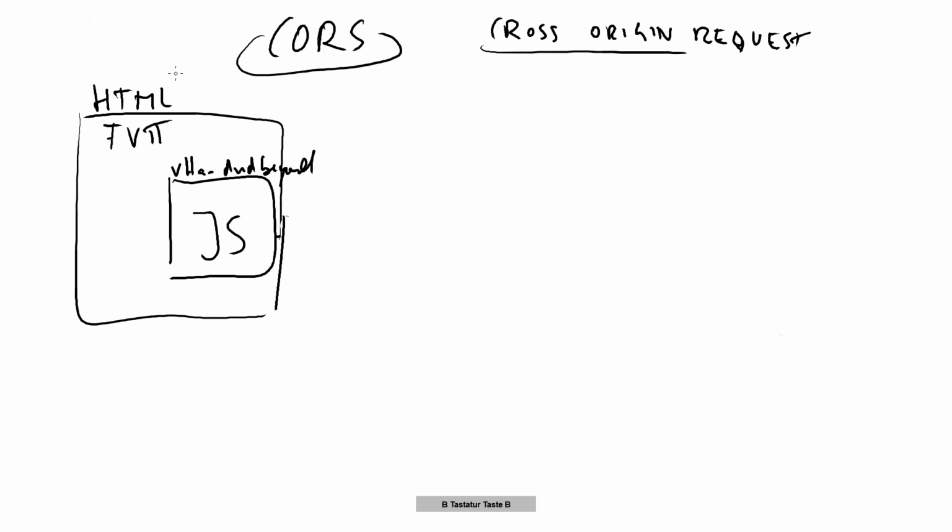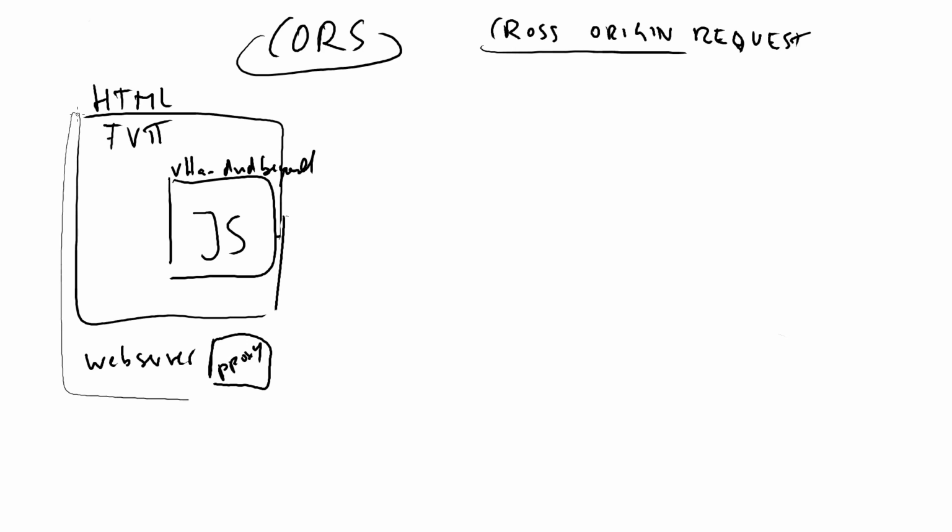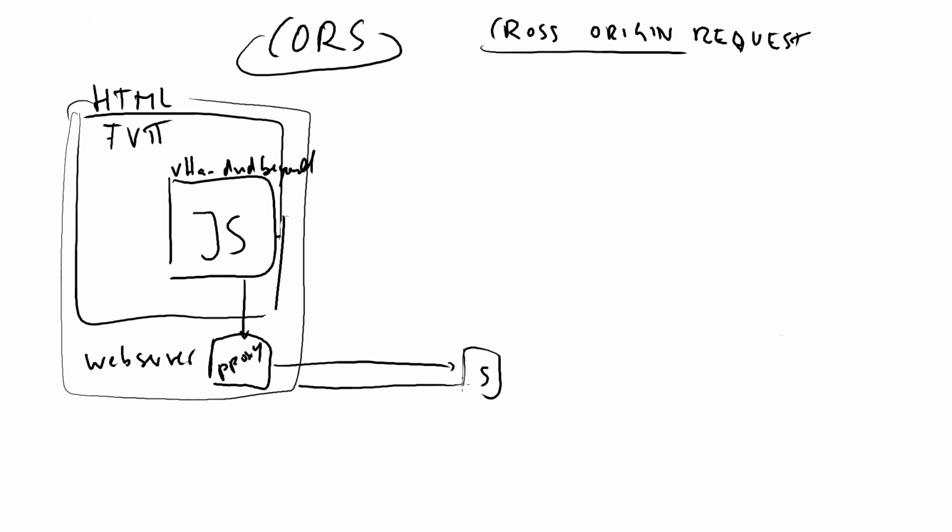The first and, for me, most simple solution would be that the Foundry server, which is basically a web server based on technology that I'm using too, would have some kind of proxy in itself. So when running your Foundry server, it would have its own proxy, which the script then can ask, and this can go to a server to retrieve the image or any other data.